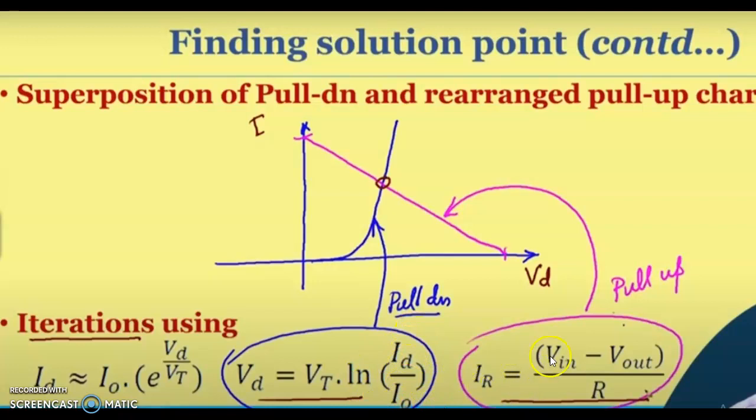Here IR equals V in minus V out divided by R. This is pull down and this is pull up. Pull down happens in the diode and pull up in the resistance. So this is the pull down circuit between diode voltage VD and I, and this is the pull up. So here is the point.